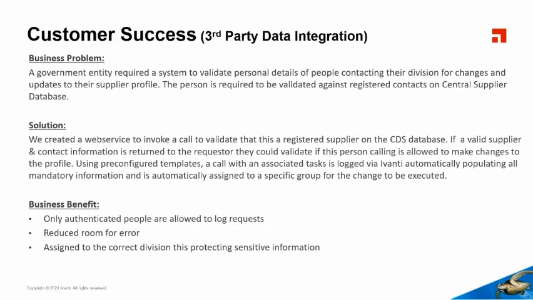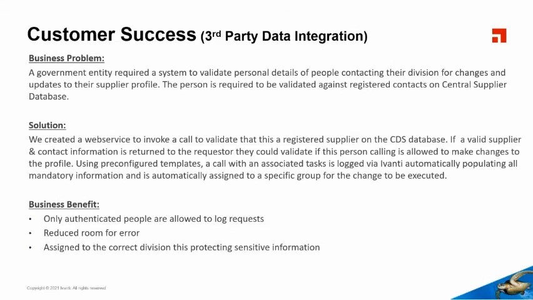The call is then logged via pre-configured templates. The call is then associated with tasks via Ivanti, automatically populating all mandatory information, and is automatically assigned to specific groups for the changes to be executed. So the customer realized the following benefits.